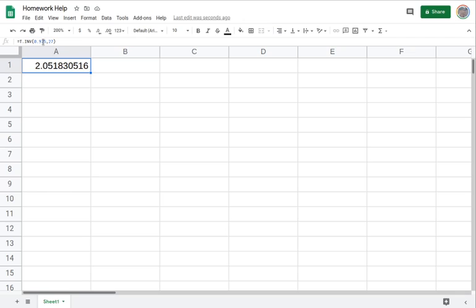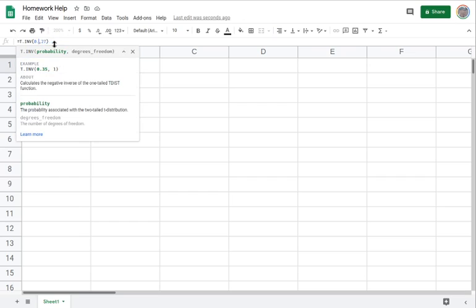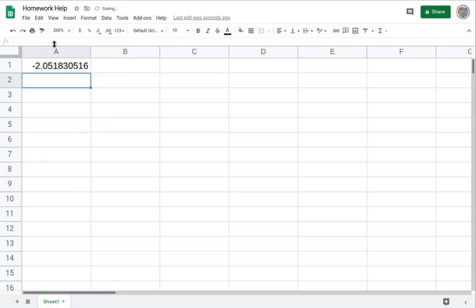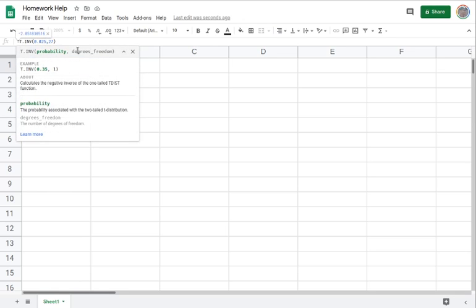If it's a two-tail test, then what you're going to do is find the critical value by plugging into tinv. So let's say this example was a two-tail test. If I plug in 0.025, I get this answer. However, if I divide this by 2, that's how I can get the critical value for a two-tail test.